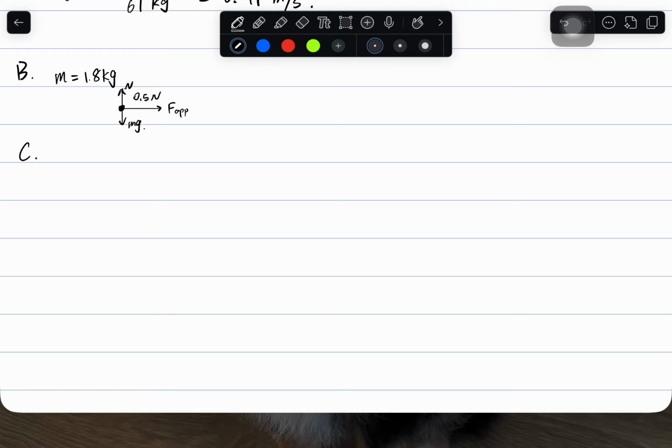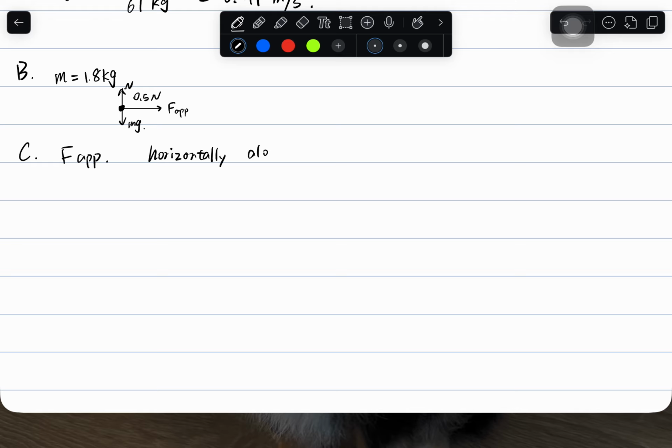So let's go to part C. Part C is to determine the directions of these forces. The applied force is directed horizontally, along the acceleration of the cheese.